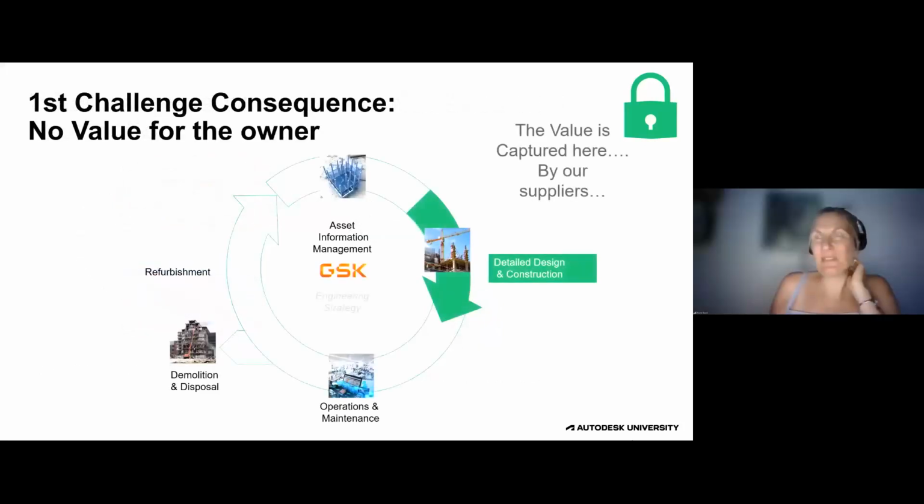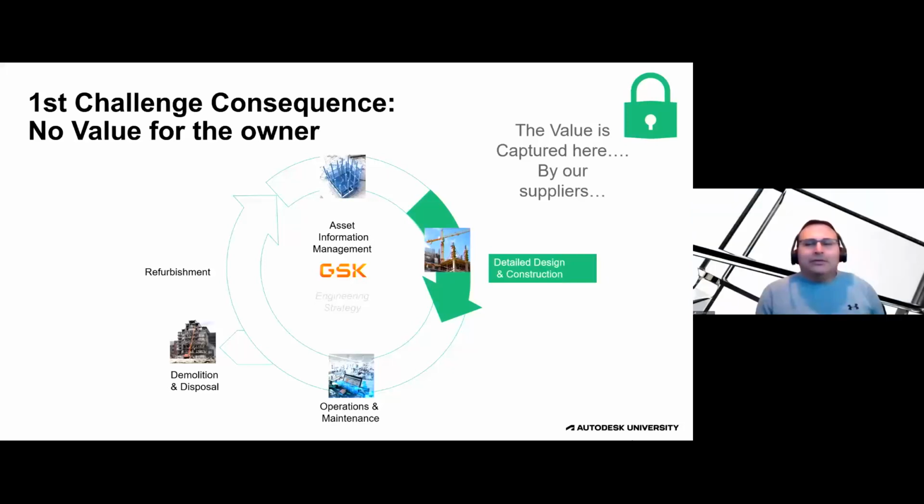Yeah, so we are far from the value virtuous cycle, like designing for value, building that value, and then transferring that value to operation. Yeah, if there is any value so far, it has been mainly associated to the design and construction phase and captured mainly by our engineering partners.